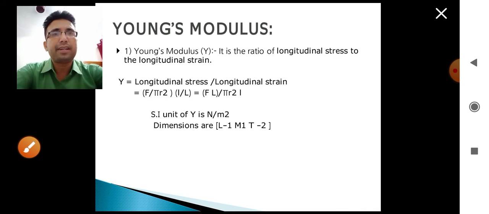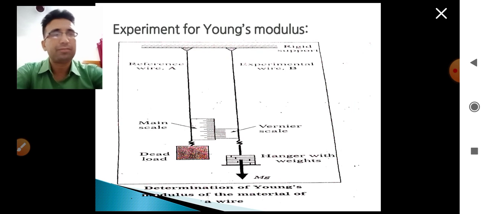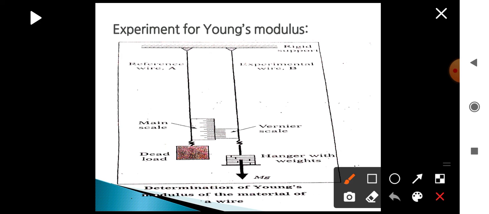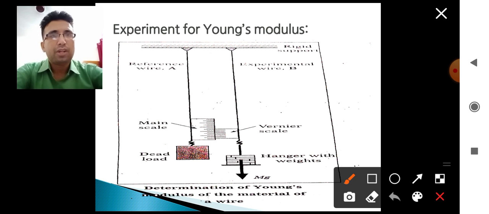Now we will find out the Young's modulus of a wire. This is a very common example we use. This is a reference wire. With respect to this, we can find out the extension produced in the body.